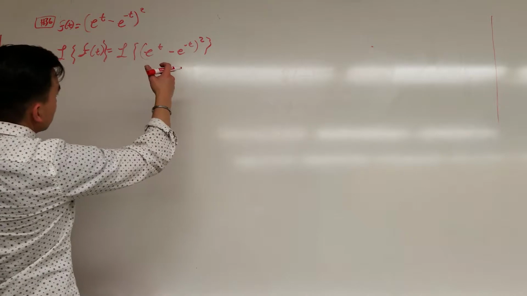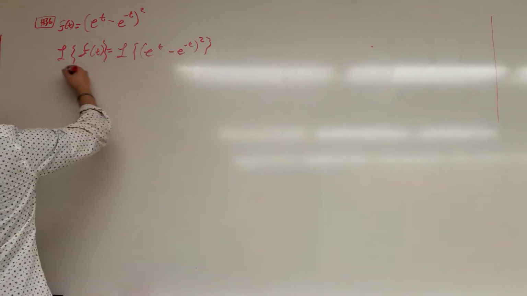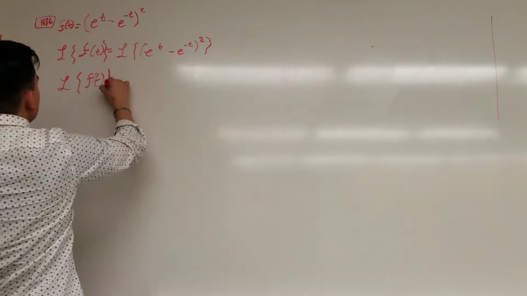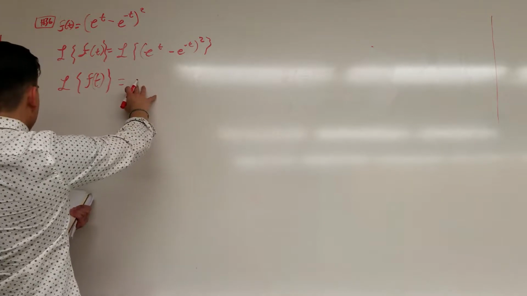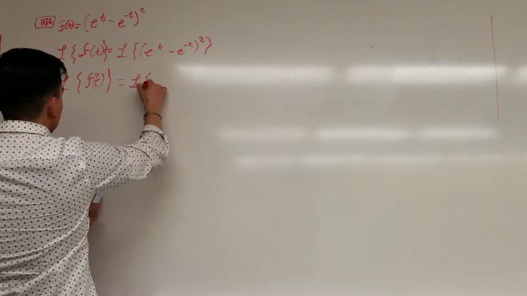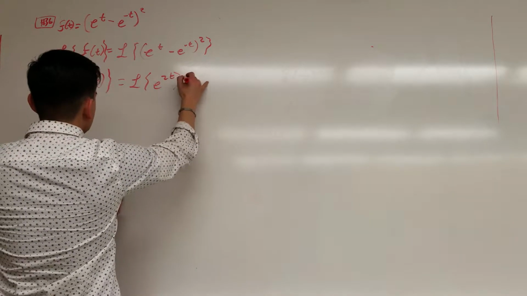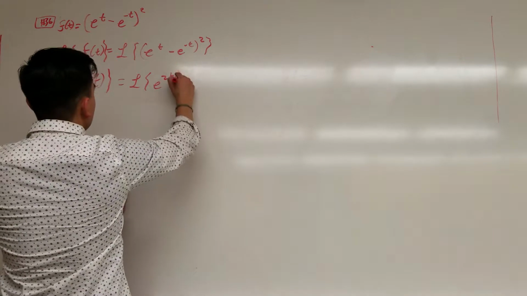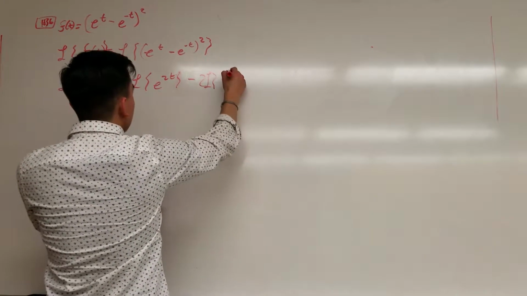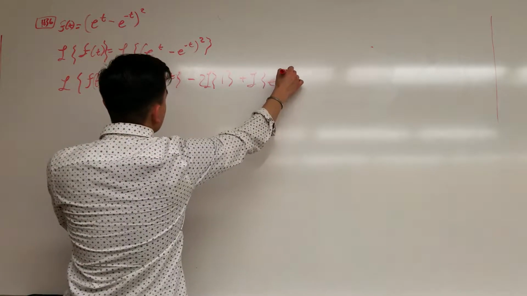well, it's definitely smart to factor this out. I mean, FOIL it out, right? And if you don't know why, it'll be clear, because now you have the Laplace of e to the 2t, minus 2, plus the Laplace of e to the -2t.